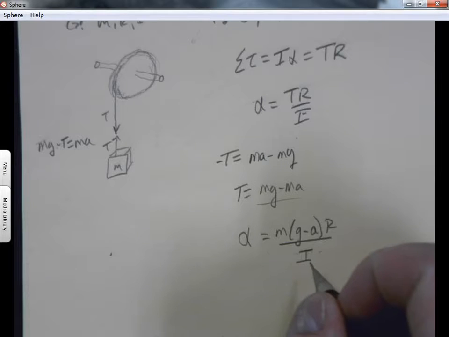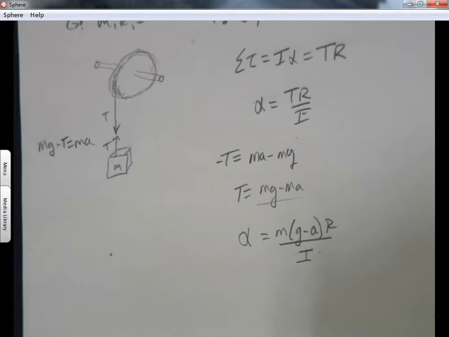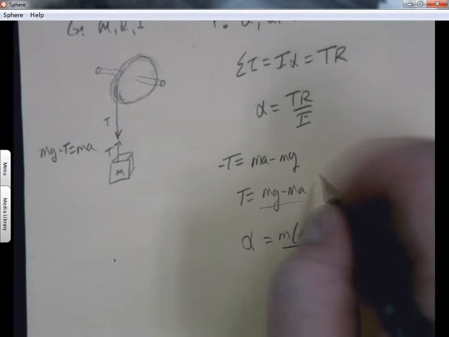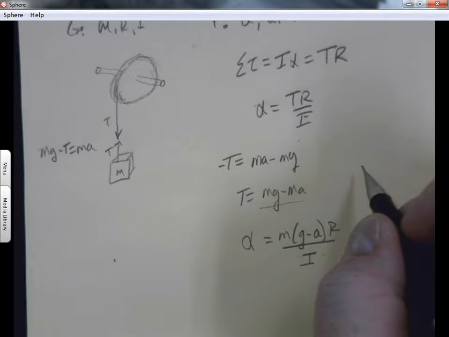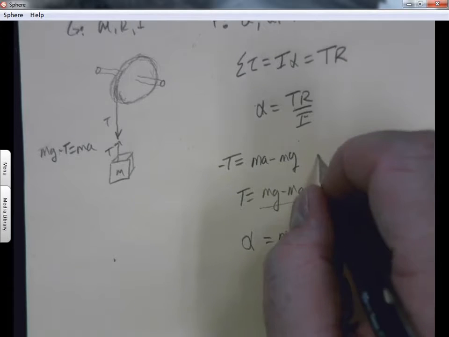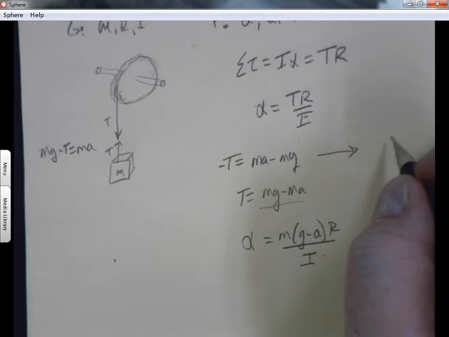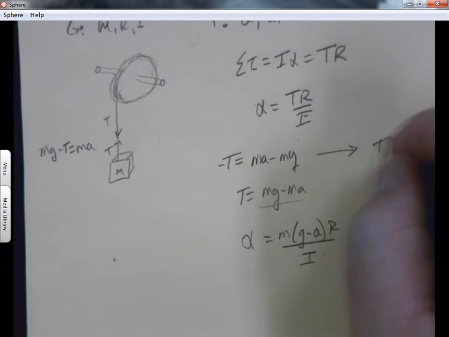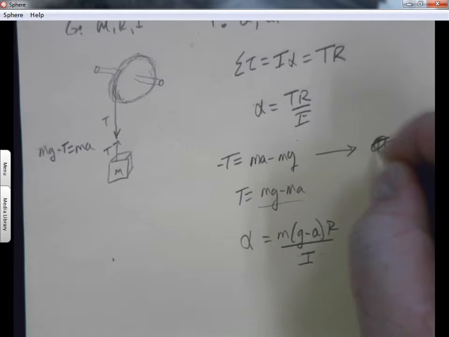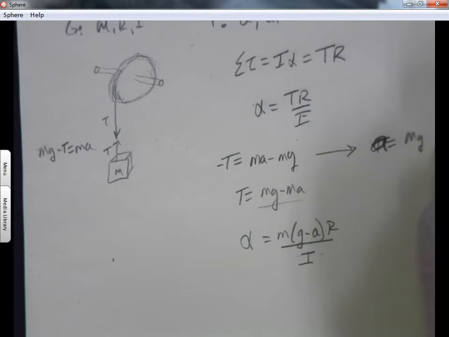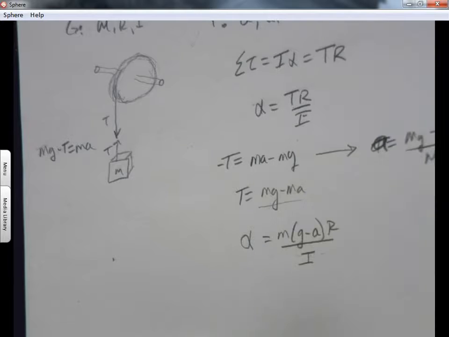We need to find a, so hold on, we're going to go another direction here. Sorry, guys. From here, we're going to solve for a. So a is going to equal mg minus T over m.